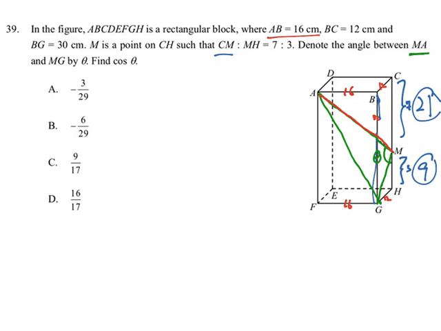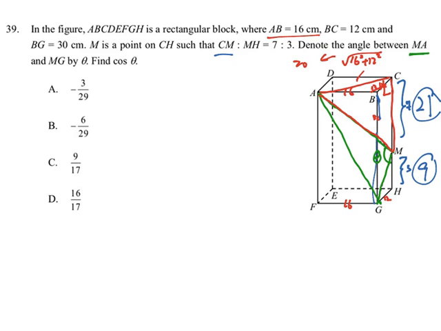For AM, it is about this right angle triangle. We have this 12, we have this 16, which is also a right angle triangle. So for AC, it is 16 square plus 12 square, take square root. So we can get 20.